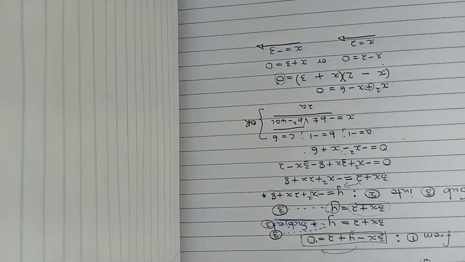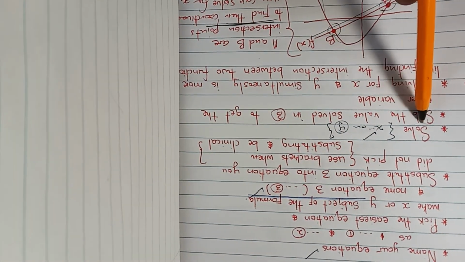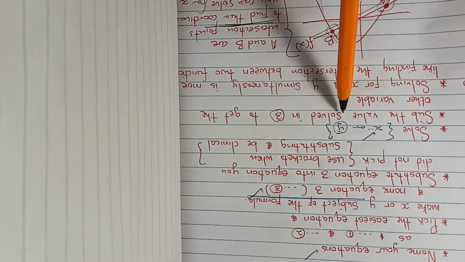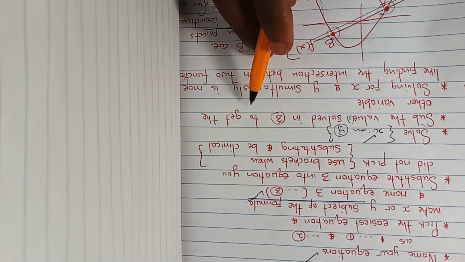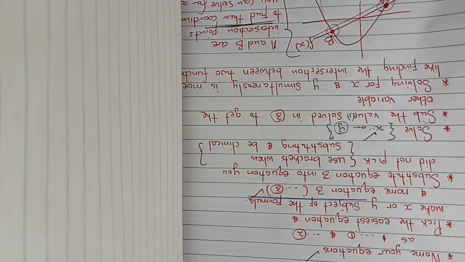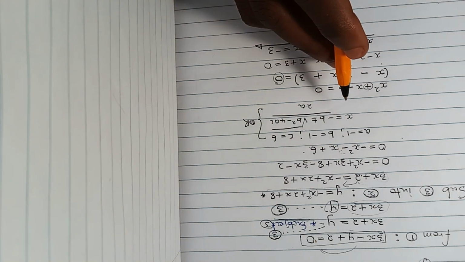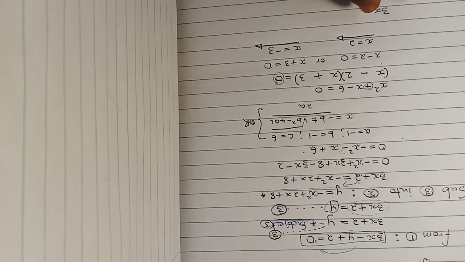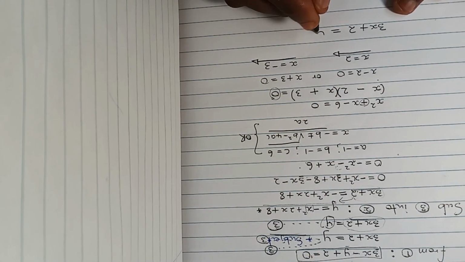So now we come back to the steps. Did we solve? Yes, we did solve. So now they say substitute the value or values solved in equation 3 to get the other variable. So now we are going back to equation 3, and then equation 3 was 3x plus 2 equal y.